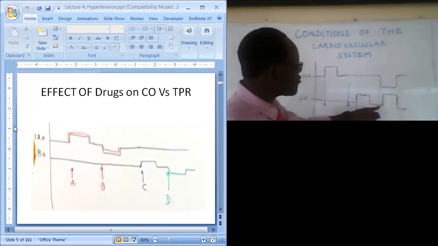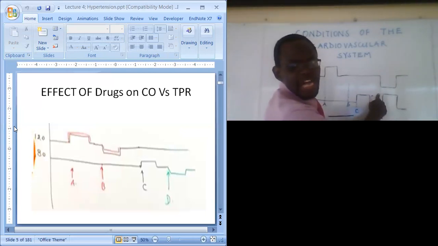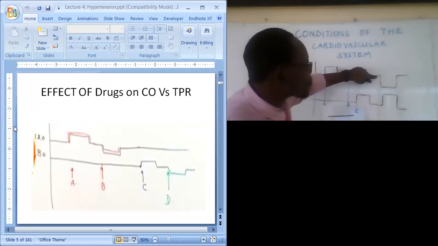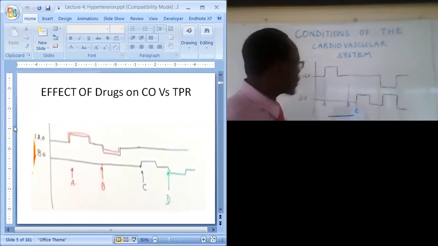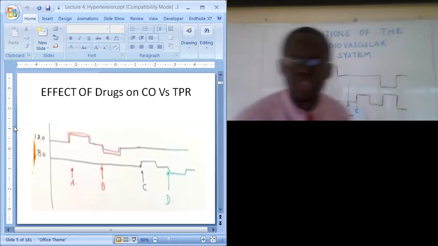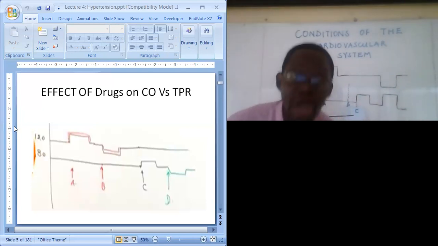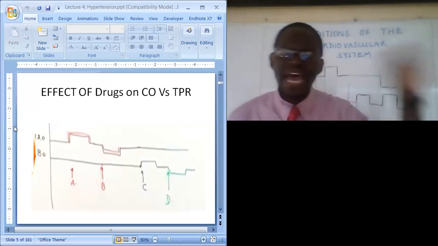It means that that drug has increased the total peripheral resistance, but at the same time, it has decreased the cardiac output. Now, that is how drugs usually work, especially on the heart. They basically play around with either the cardiac output or the total peripheral resistance of the blood vessels.